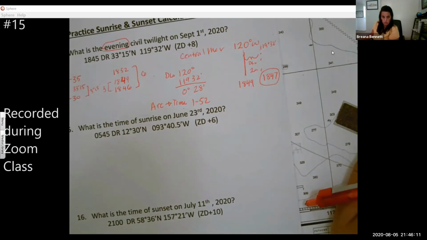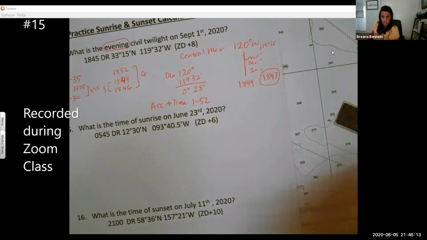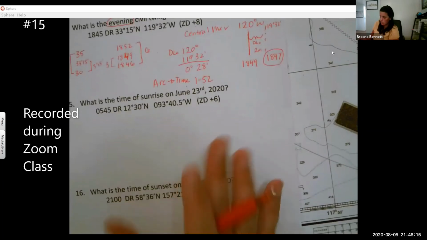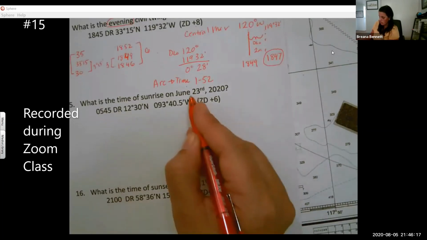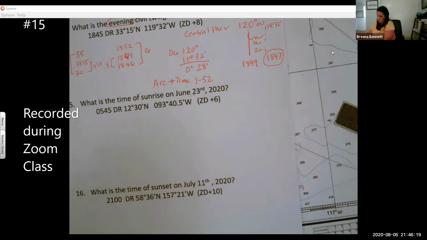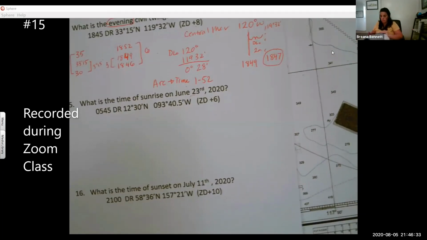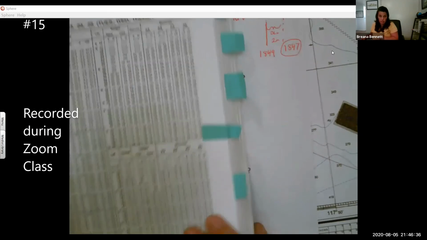Okay, let's do one more here. Sunrise on June 23rd. So we have June 23rd.